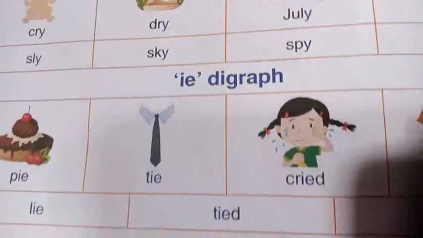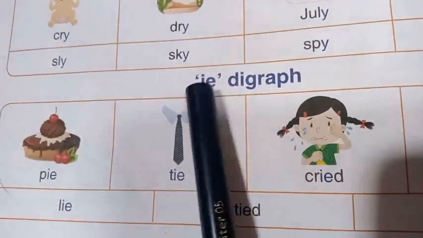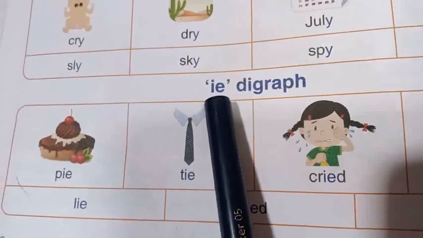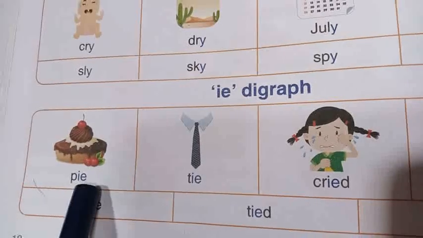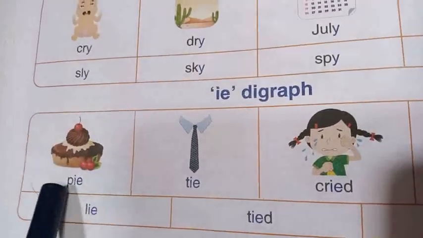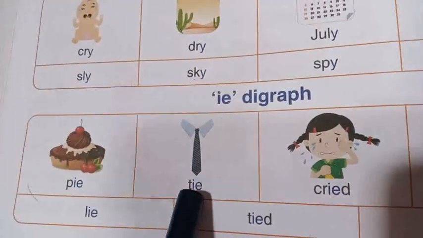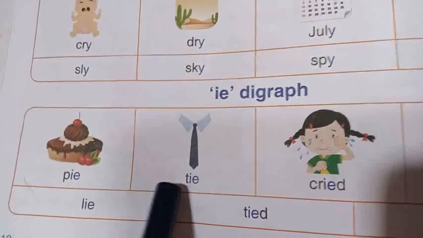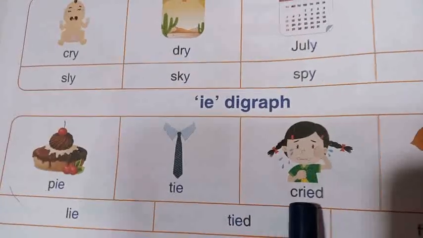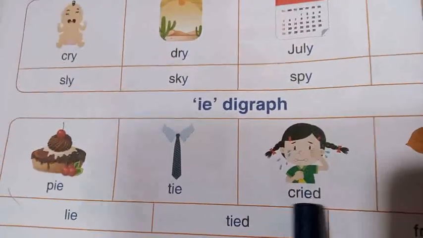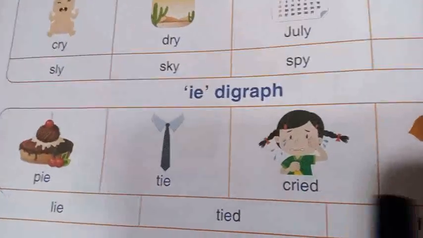Yes, next let us move to the IE digraph. IE as in I. Pie. Tie. Cried, cried.